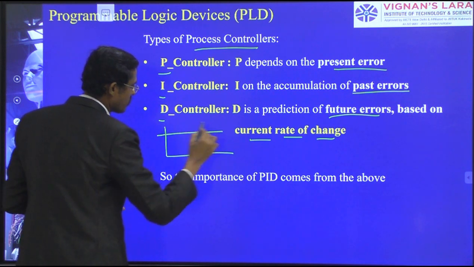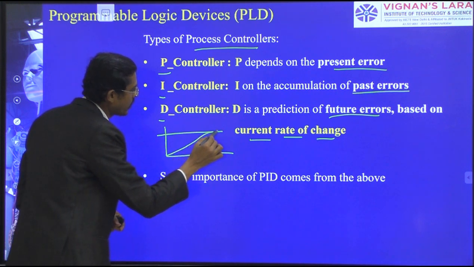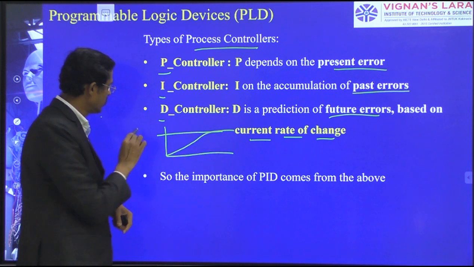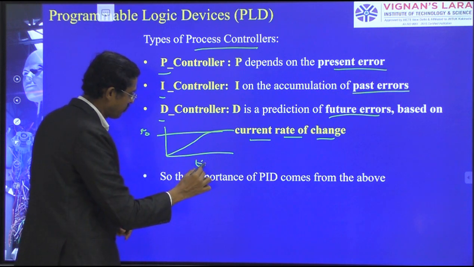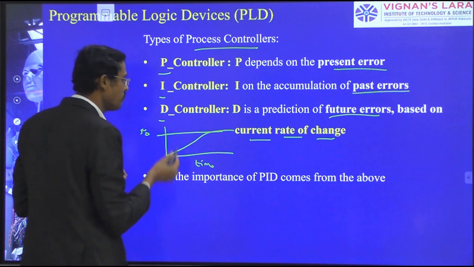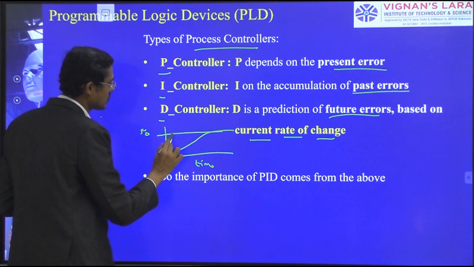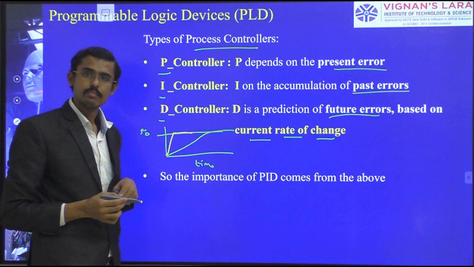This is 50, and this is time. We can reach 50 slowly like this, or otherwise I can reach the same 50 like this and maintain it. So this is derivative.